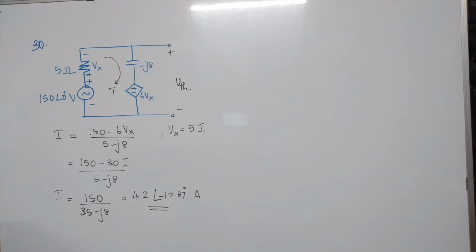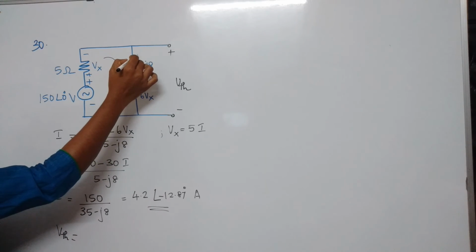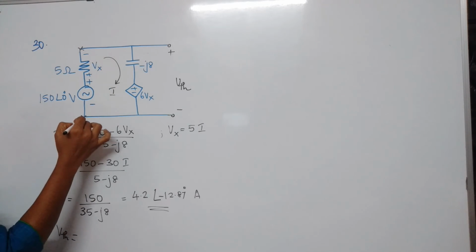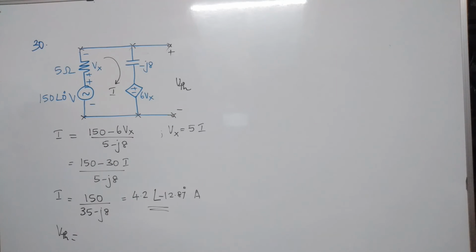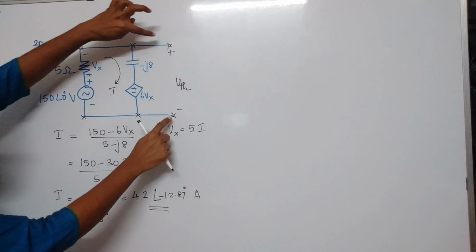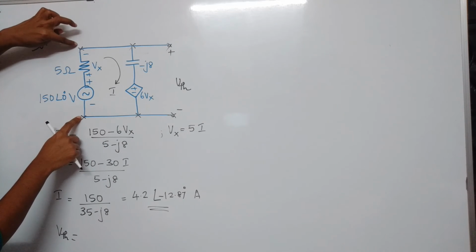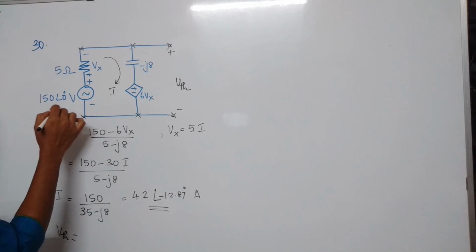Once we get I, we can find out VTH. What will be VTH? These 2 points and these 2 points are all parallel branches. So this VTH is same as voltage across this point or voltage across this point.